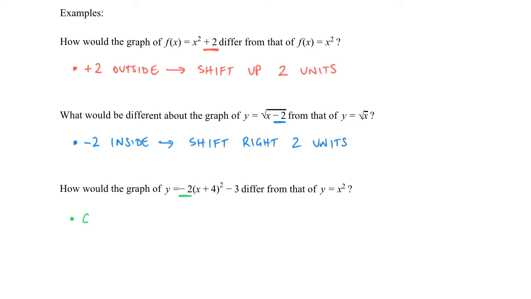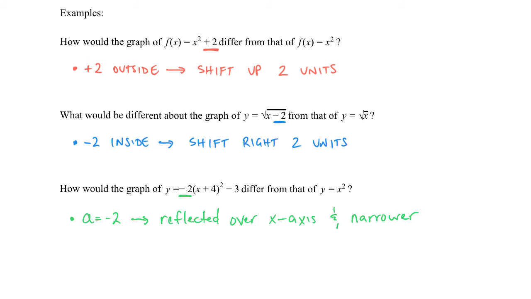So what am I going to write? A equals negative 2. What does that tell me? That tells me that we're reflected over the x-axis, and the 2 tells me that we're narrower, because that's greater than 1.